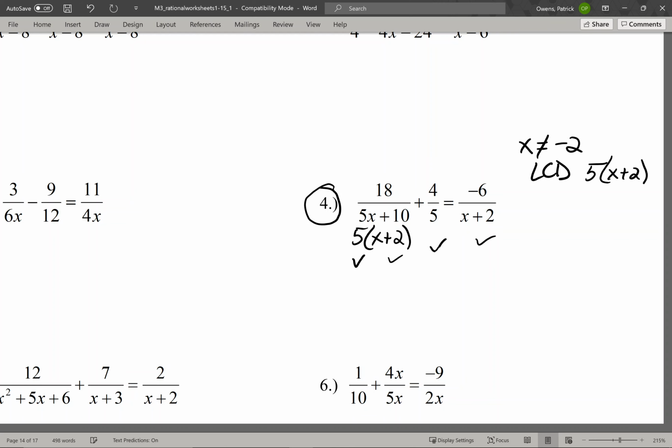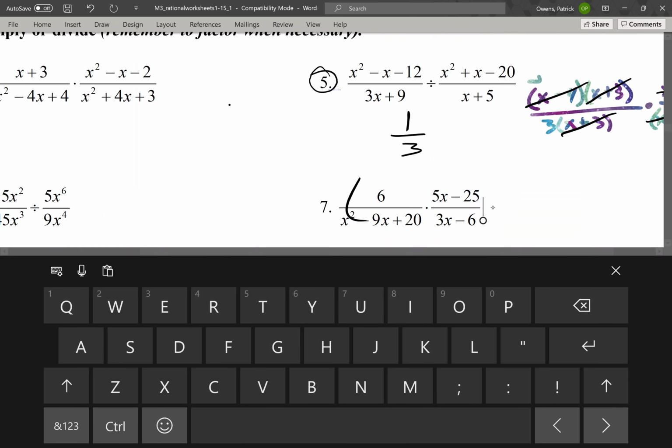We don't need it twice. That's a common mistake that people make. They'll do like 5 times x plus 2 times x plus 2, or 25 times x plus 2 squared, or something, but we only need it once. Think about it in terms of what is the lowest value we can multiply everything by to get all of our denominators to factor out. So then we multiply.